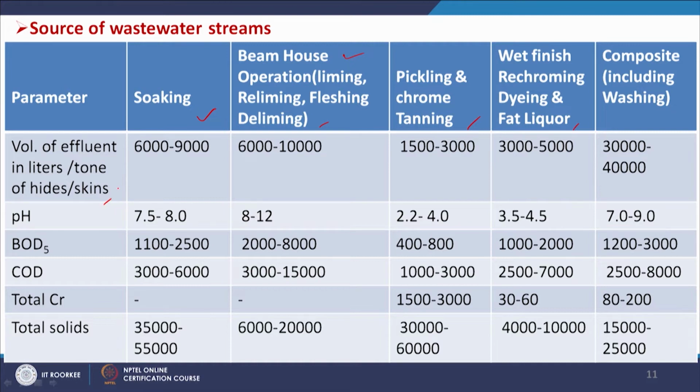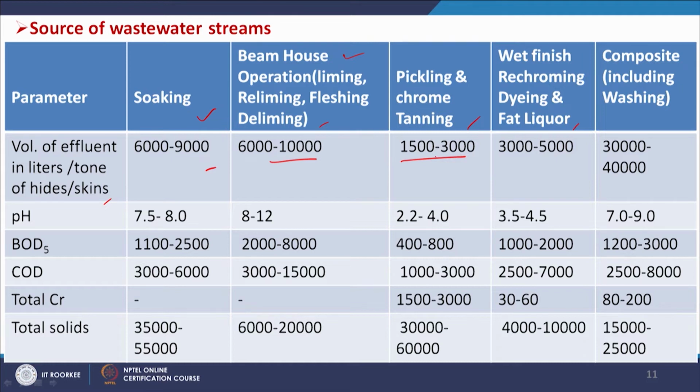So, here we see that the beam house creates maximum wastewater along with the soaking, although the pickling and chrome tanning produce less volume of water with respect to others. But the concentration of chromium here is the main concern, and that makes a major problem for the treatment of this type of wastewater.